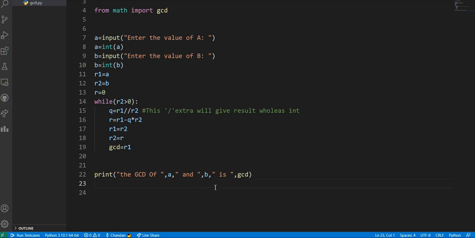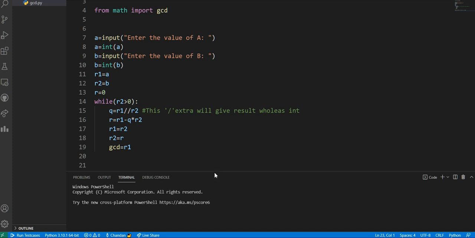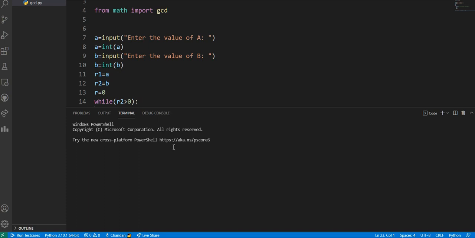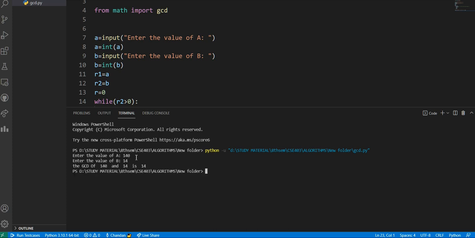And if I save this program and run, it is asking the value of A. Suppose I enter 140 and the value of B as 40, then it should print, I think, 10, right? No. Okay, 2 into 7, yes, 14.